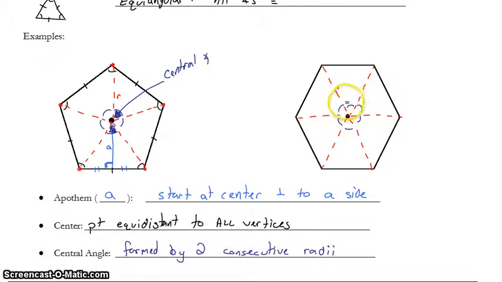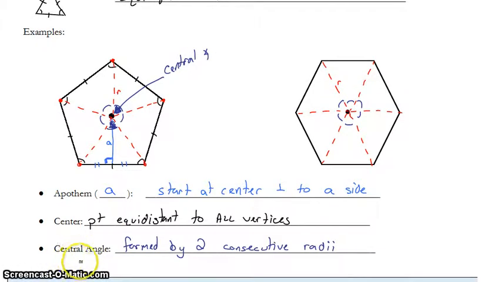The other thing that's important to know is that in a regular polygon, all central angles are congruent, which helps, because in a hexagon there's 360 degrees all the way around, and there are 6 congruent angles. I have 360 degrees being divided by 6 congruent central angles.